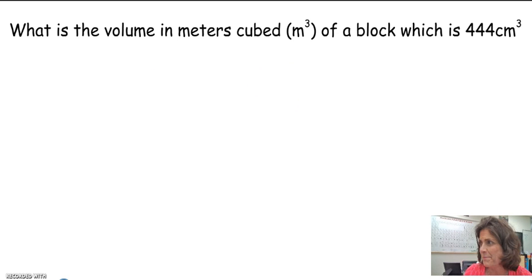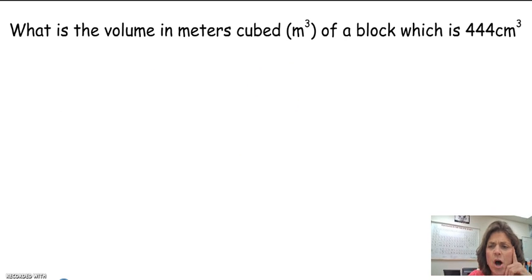Are you ready to kick it up a notch, Miss Campbell? All right, so here we go. Now we're going to do volume. And so volume is length times width times height. So can you find the given? You might take a second, find the given.